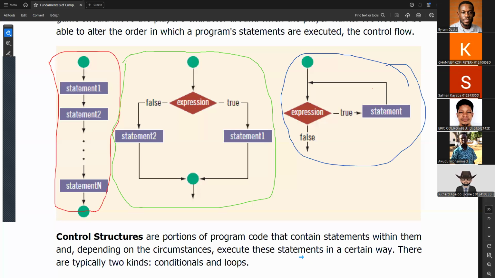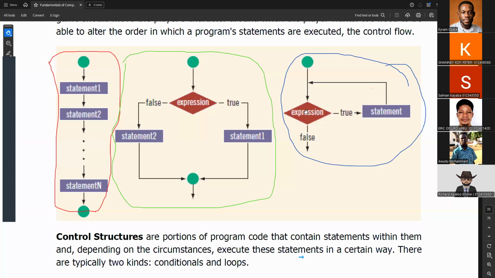So if that condition happens to be true, let's say the condition is saying that you want to run this program maybe 10 times. Maybe you want to run it for 10 students. You want to calculate the grade of 10 students.